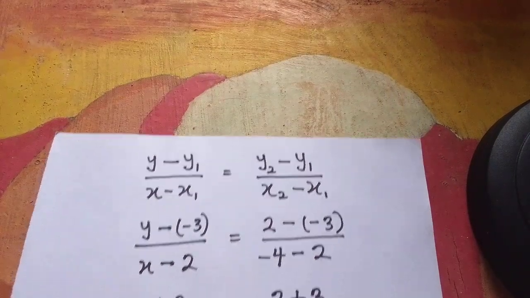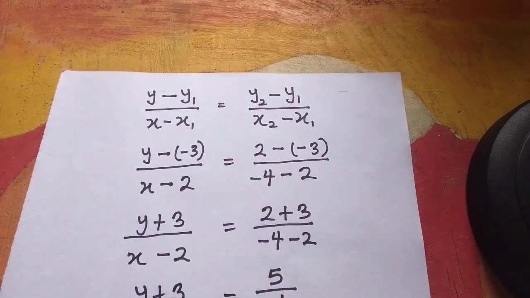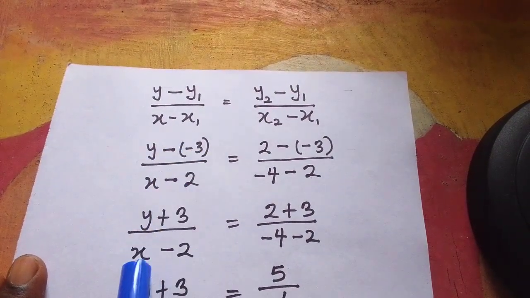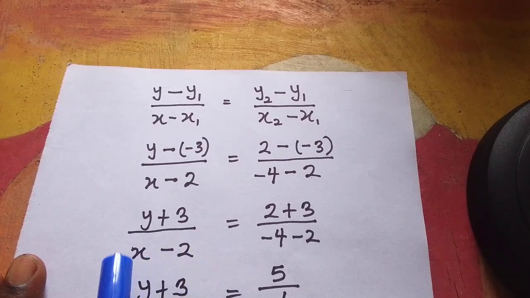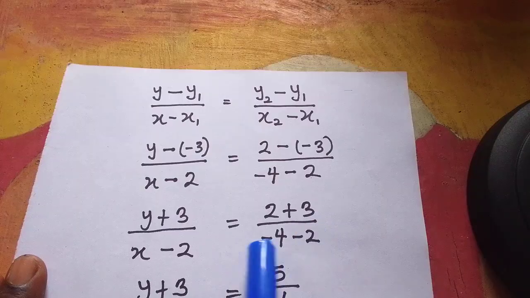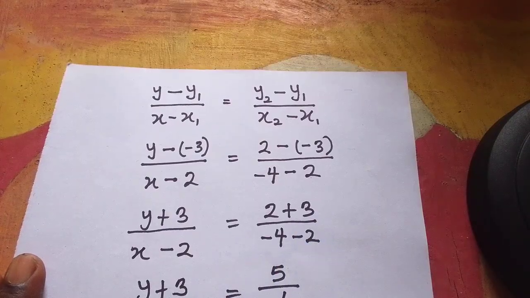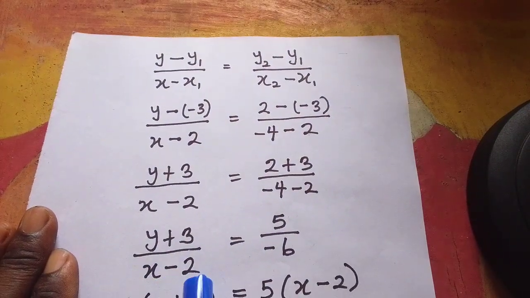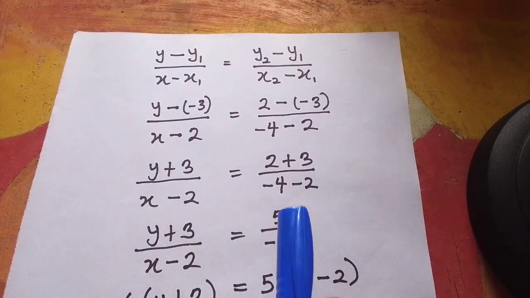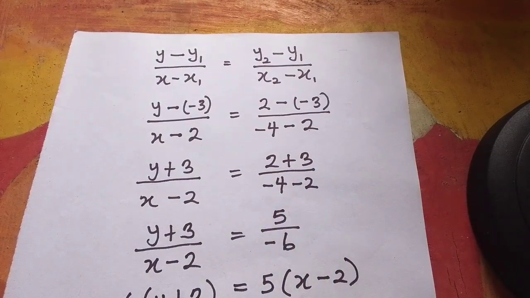So from there, minus times minus will give us plus. So (y plus 3) over (x minus 2) is equal to (2 plus 3) over (-4 minus 2). So (y plus 3) over (x minus 2) is equal to 5 over minus 6, since 2 plus 3 is 5 and minus 4 minus 2 gives us minus 6.